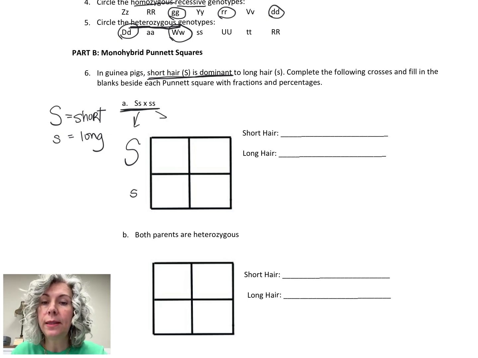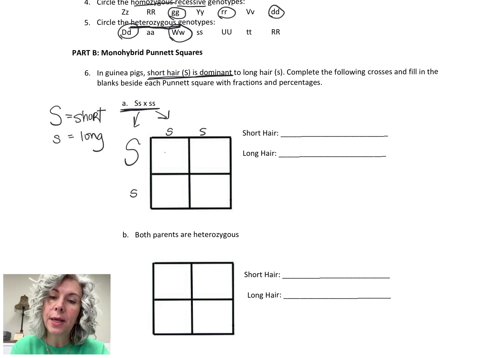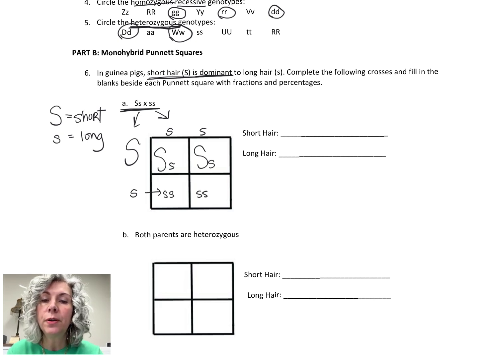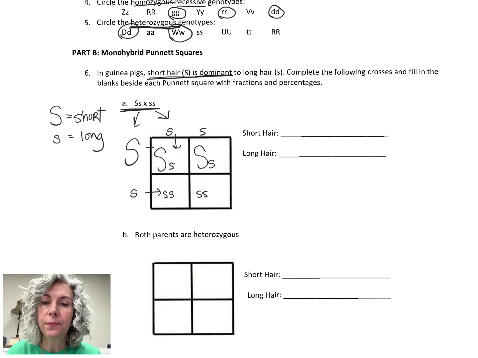Okay, and then I'm going to break these alleles apart right here, lowercase s, and then all you do is fill in your squares. So capital S, lowercase s, capital, lower, and then I've got 2 lowercase s's in these 2 squares. So all I'm doing is bringing this over and this down, and then over and then down, okay? Same scenario here, and filling in these boxes.